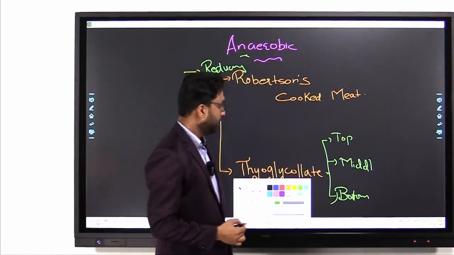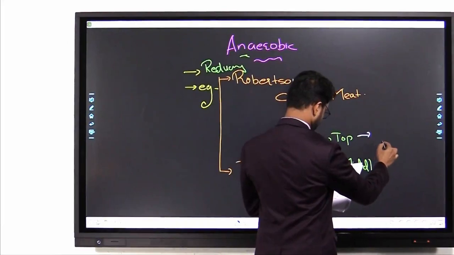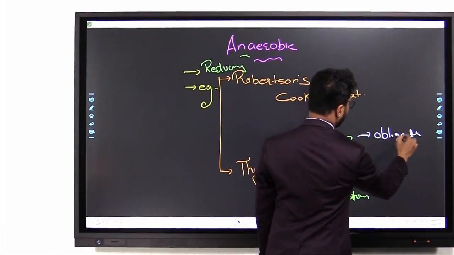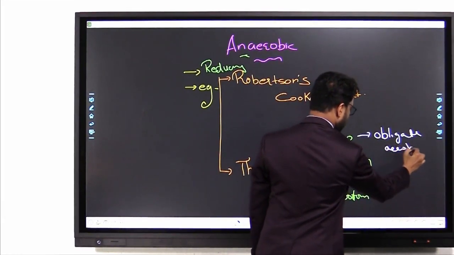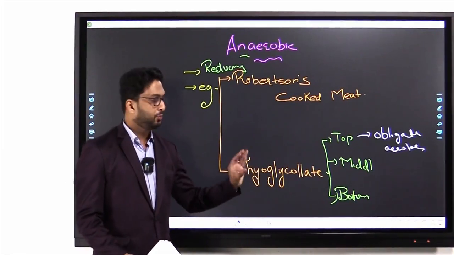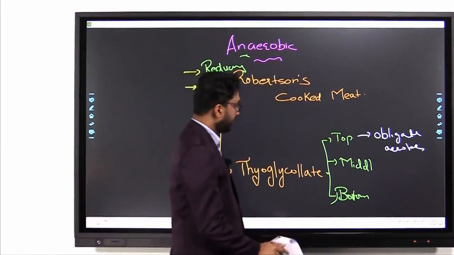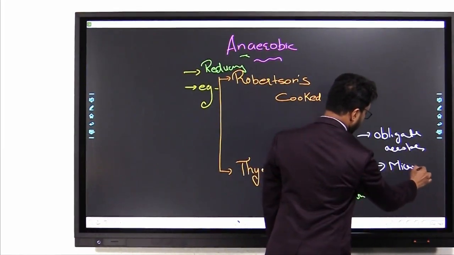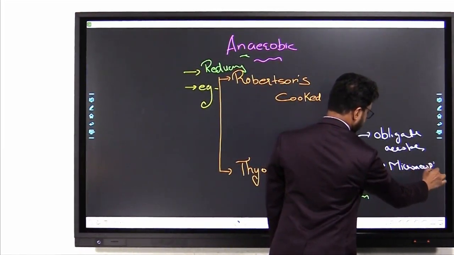Now this will shock you. There are strict or obligate aerobes, because some oxygen is still remaining. In the middle you get microaerophilic bacteria, those that survive on very little oxygen.